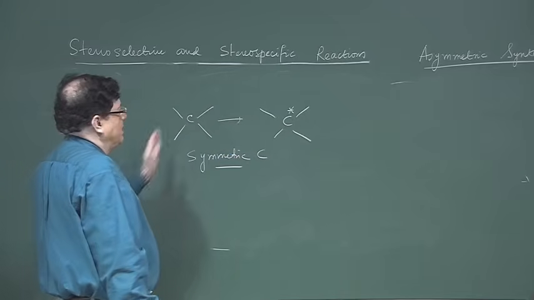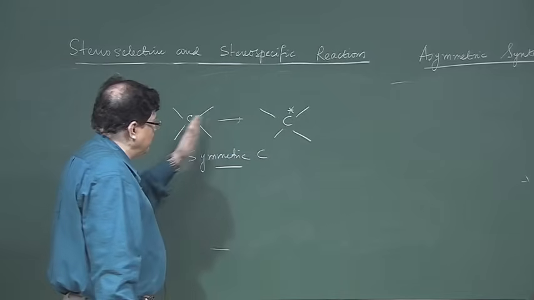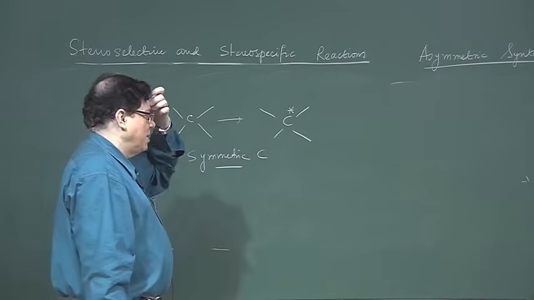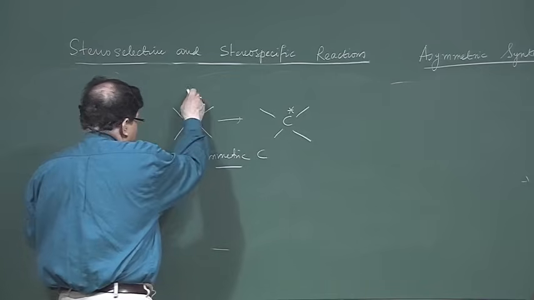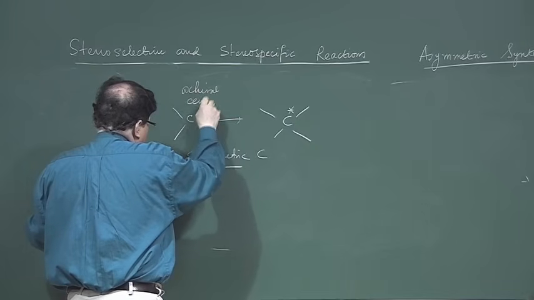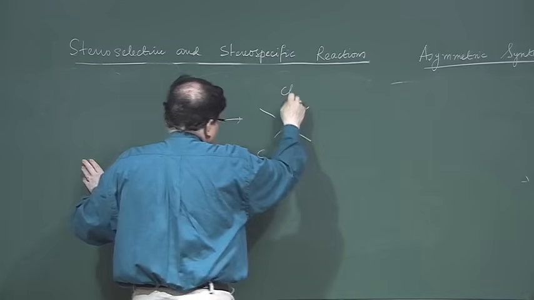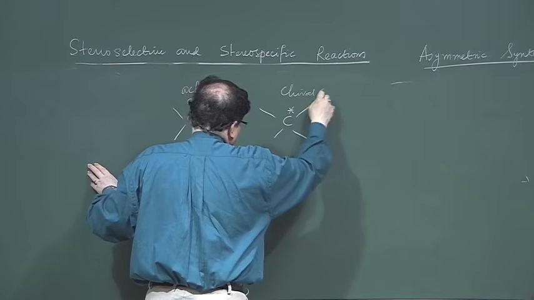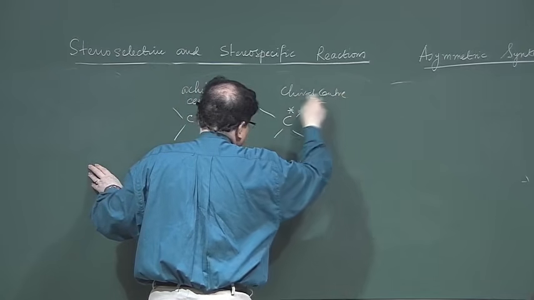If you want to convert it into an asymmetric carbon, so an achiral center is converted into a chiral center, or the modern terminology, a stereogenic center.